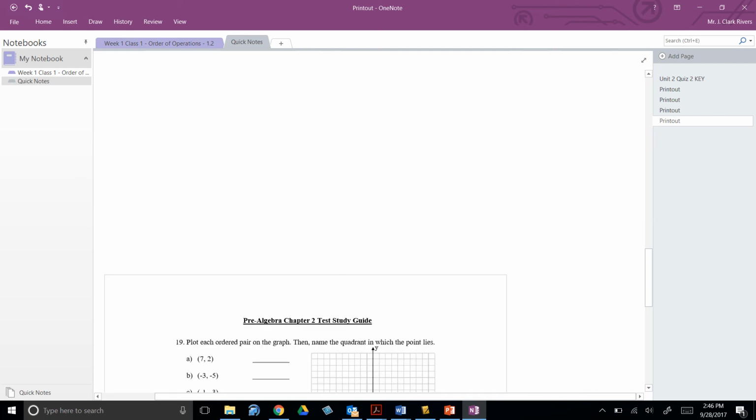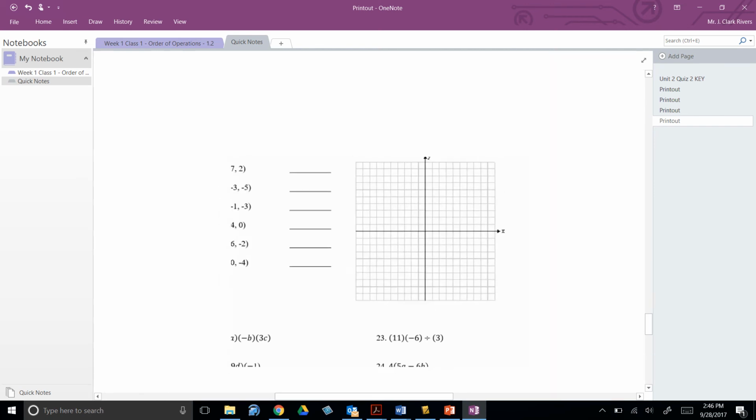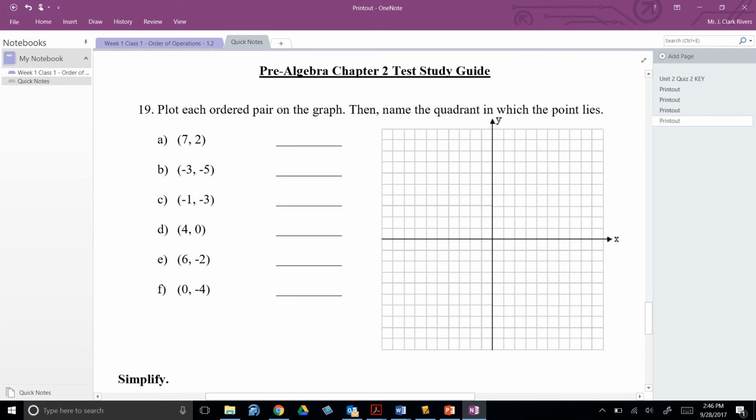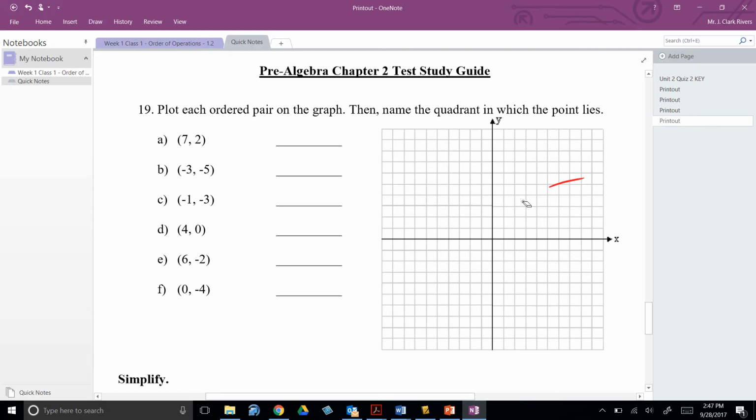There's probably a lot of questions on, I think you guys are good on the graph, but let me just graph a couple just to be sure. Remember, we've got quadrant 1 here, quadrant 2 here, quadrant 3 here, and quadrant 4 there. 1, 2, 3, and 4. Let me erase those and plot a couple points.